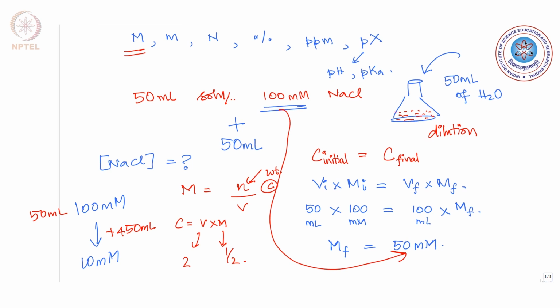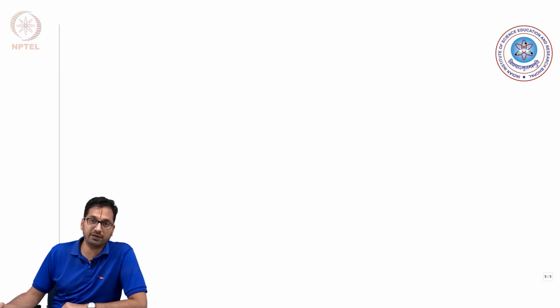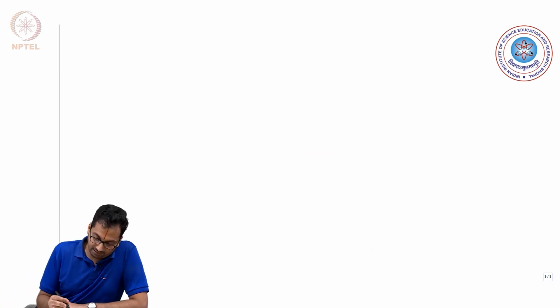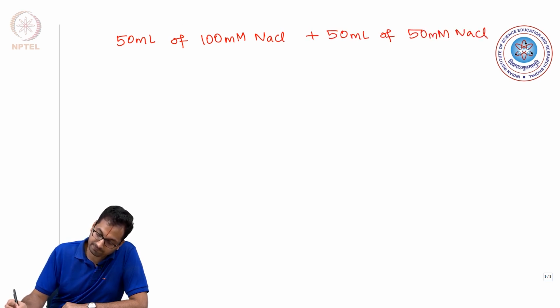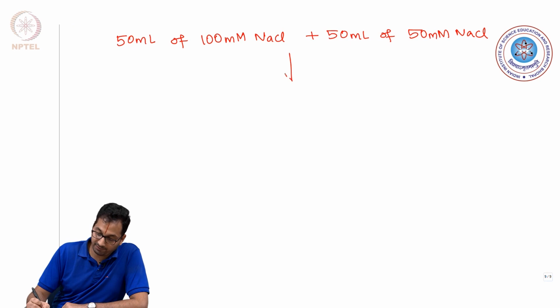Let us take more such examples to understand how concentrations vary when you add different things. Unlike the previous example, now let us say you have 50 ml of 100 millimolar sodium chloride, and to this you are adding 50 ml of 50 millimolar sodium chloride. So what will happen in this case?